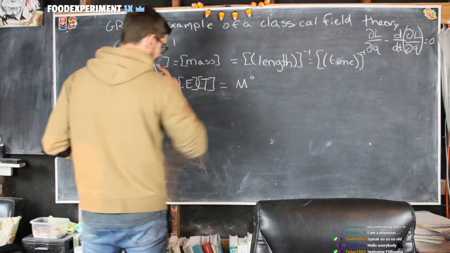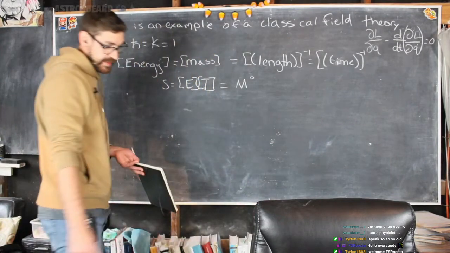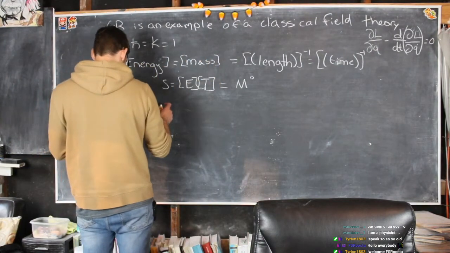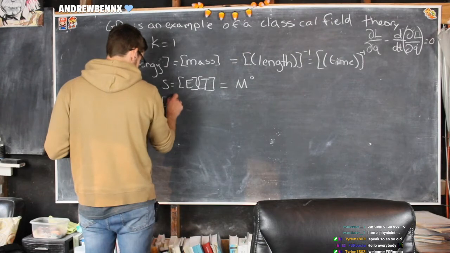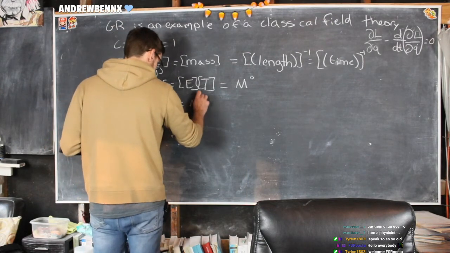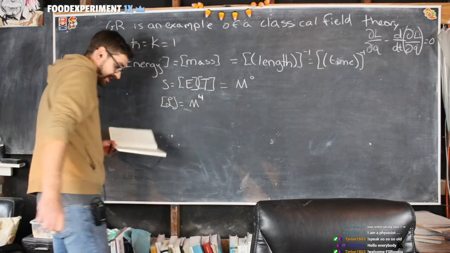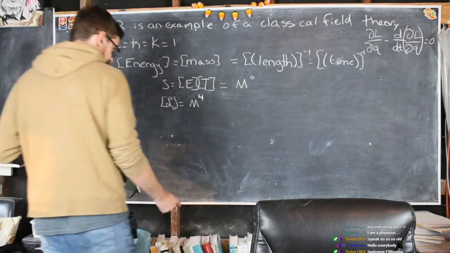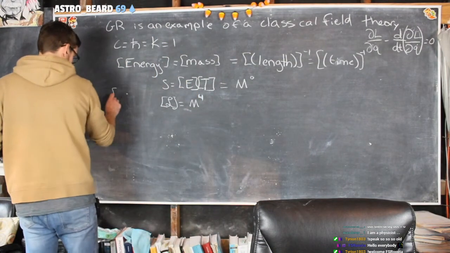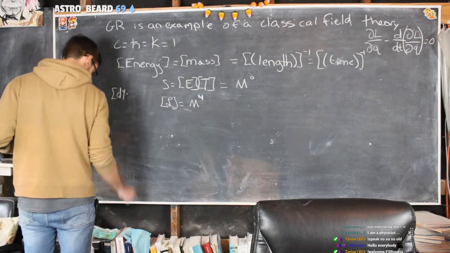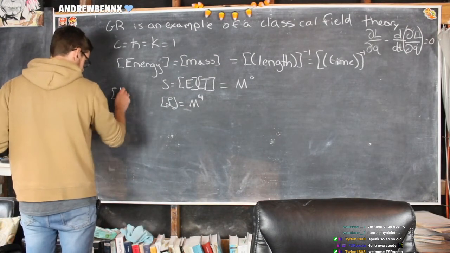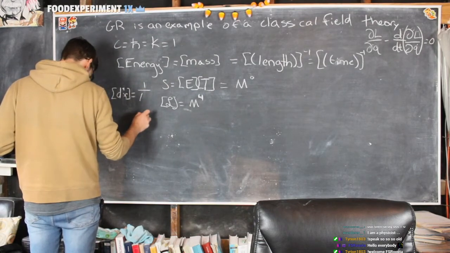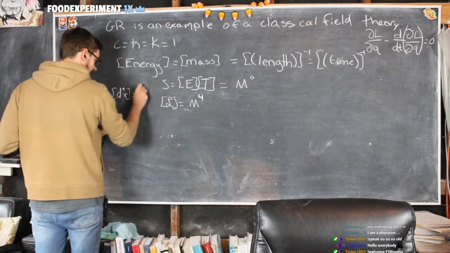But here in our last integral over 4 space, we had the Lagrangian density. So that means the units of the Lagrangian density are going to be m to the 4th, because it has to compensate for the d^4x in 4 space, which has units of m to the minus 4.